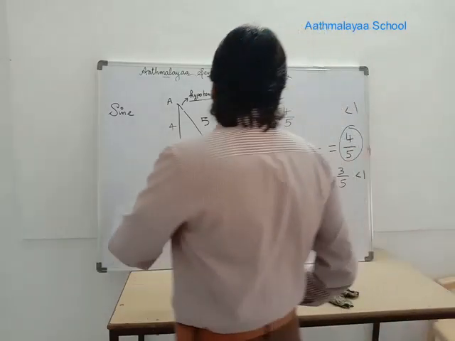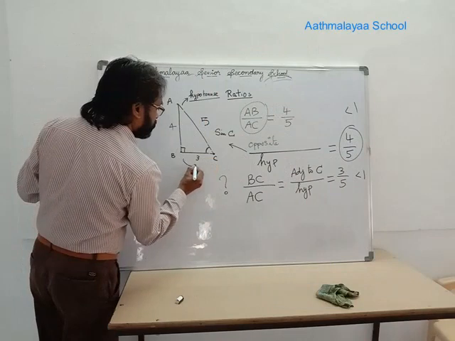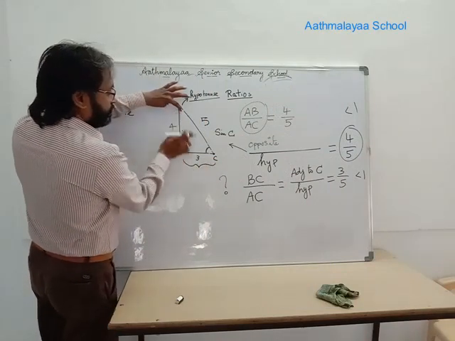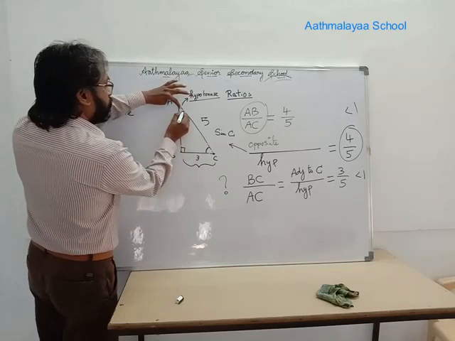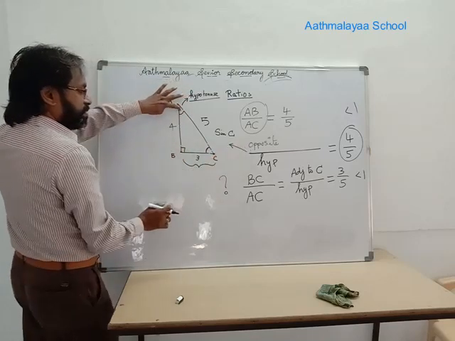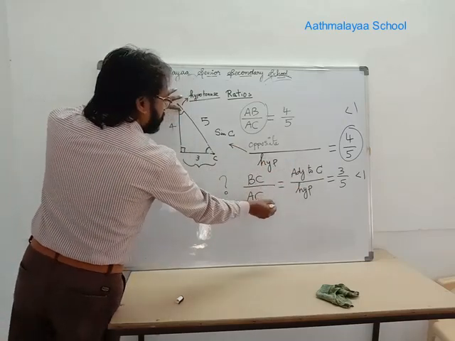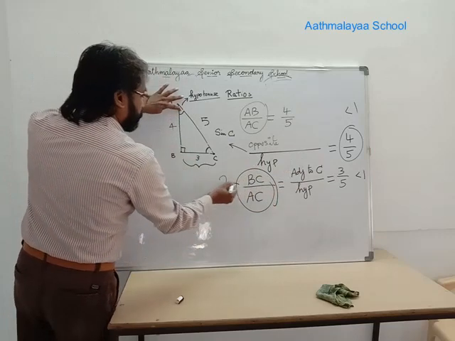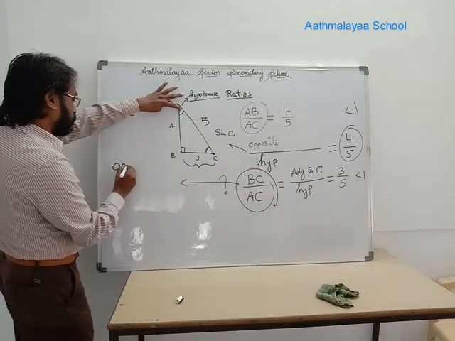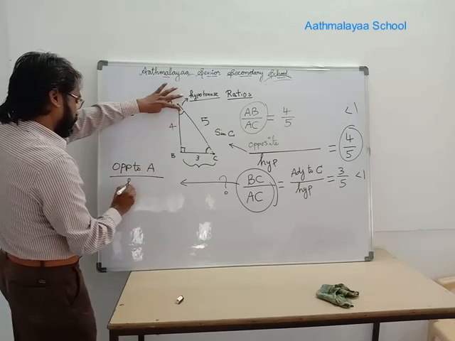So if I only define BC, okay, BC is opposite to angle A. BC is opposite to angle A. So with the same definition, instead of going for adjacency, with the same definition, I can write BC as opposite to angle A divided by hypotenuse.